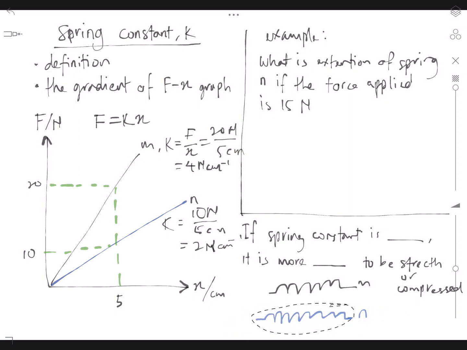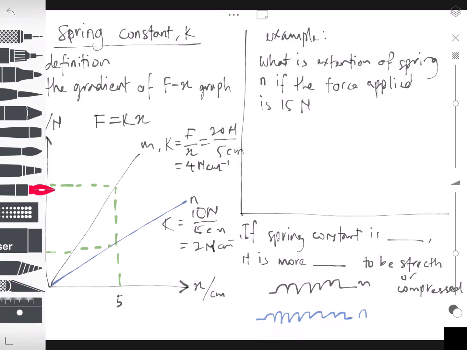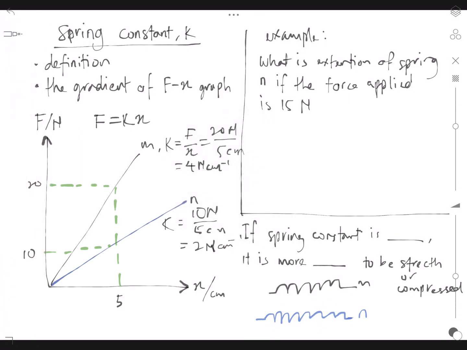Okay, now let us look at this statement over here. If spring constant is higher, I can write higher here, it is more difficult to be stretched or compressed. So that is the statement that you need to understand.